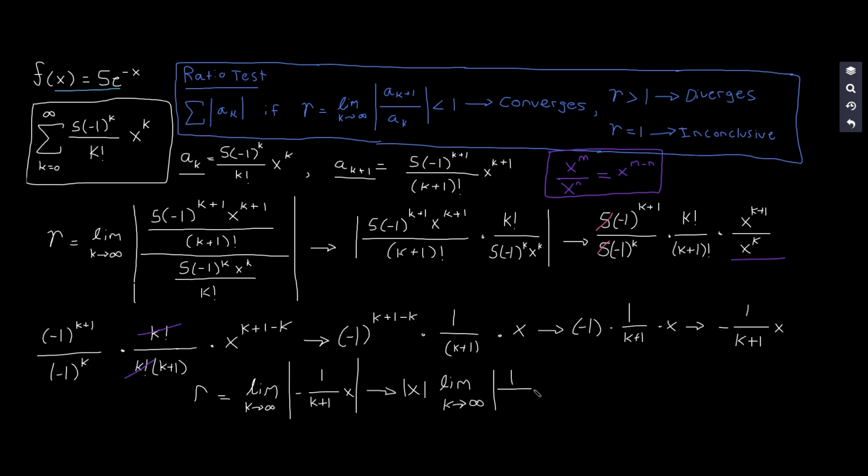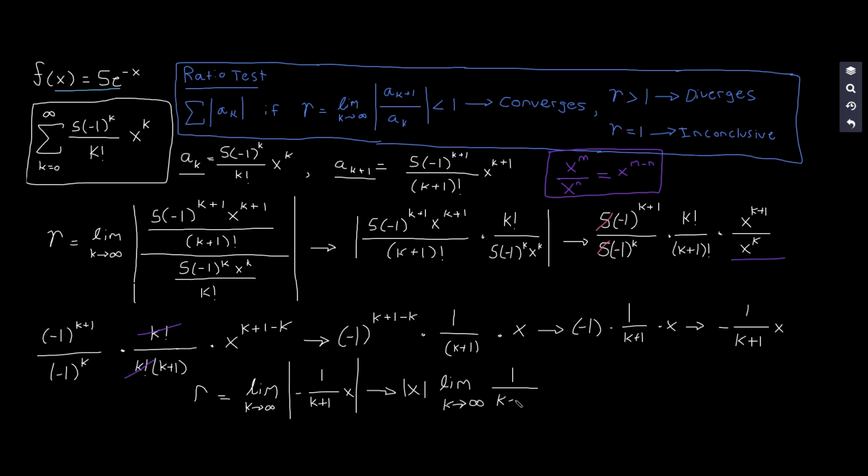The absolute value of x times the limit as k approaches infinity for 1, and we could drop the absolute value brackets because we're just going to get rid of that negative.